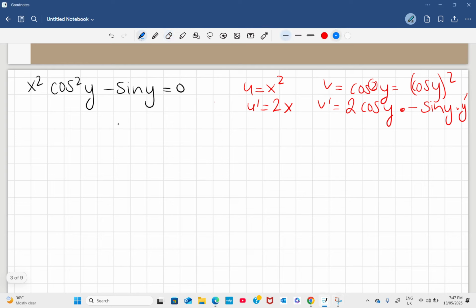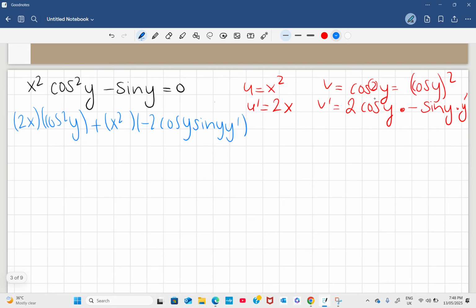Okay, so here I'm just gonna solve normally now. I'm gonna write it directly down. So 2x into cosine squared y plus x squared into negative 2 cosine y sine y prime.